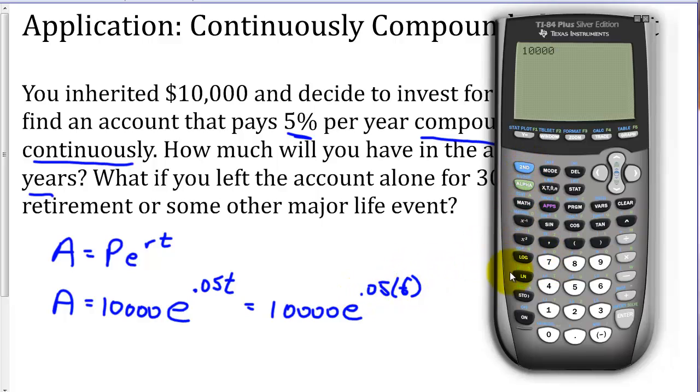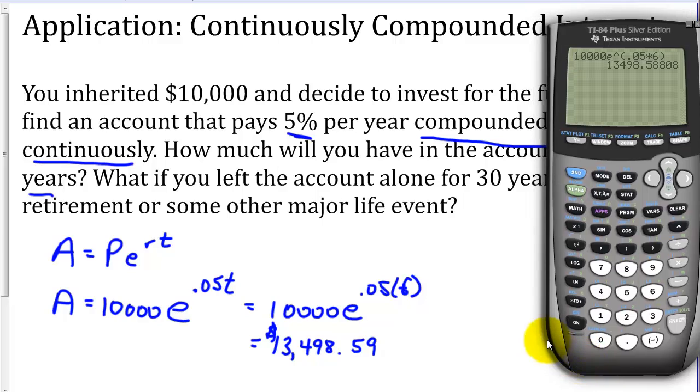So second, and then the LN button, I have E to a power, and then we're going to put in 0.05 times 6 years. So after 6 years, our inheritance that we're investing is now going to be worth $13,498 and about 59 cents.